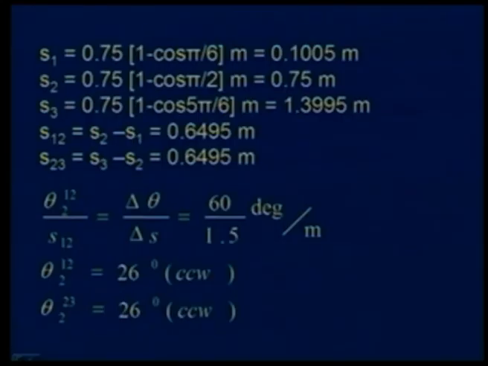Further 26 degree rotation in the counterclockwise direction will again cause further 0.6495 meter vertical travel of the slider. So let me now at the first stage design the slider crank mechanism, which I will explain through the usual graphical method which we have learned earlier.